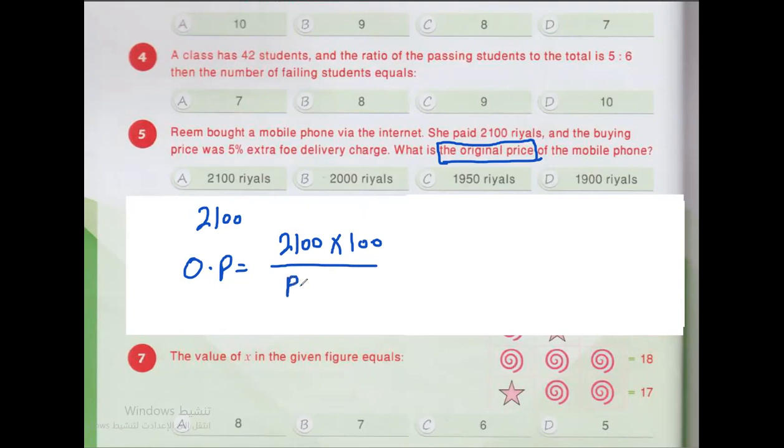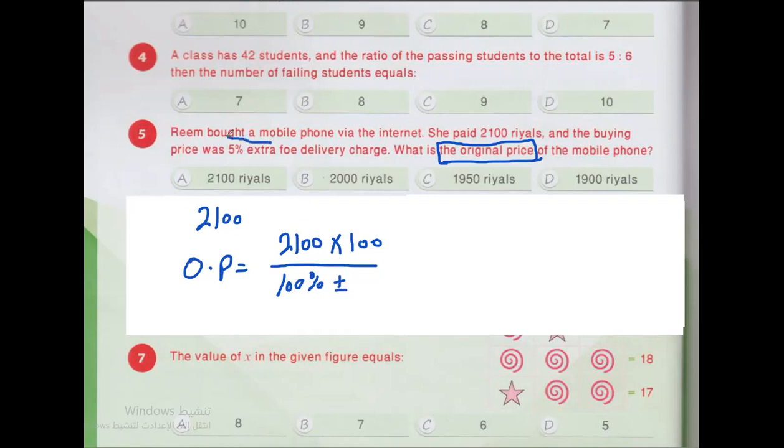From the percentage, we add or minus. When he asks me about extra, we add. We have 100 percent plus or minus.